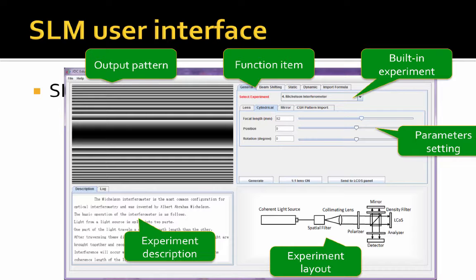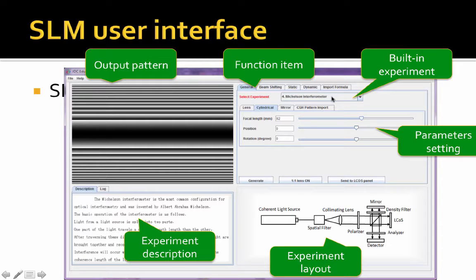The upper right-hand corner is your control area. In the top left here, you can choose the function item. You can choose, in this case, whether you're doing a beam shifting or a static Michelson or something else. We are not doing a Michelson interferometer experiment with this SLM.